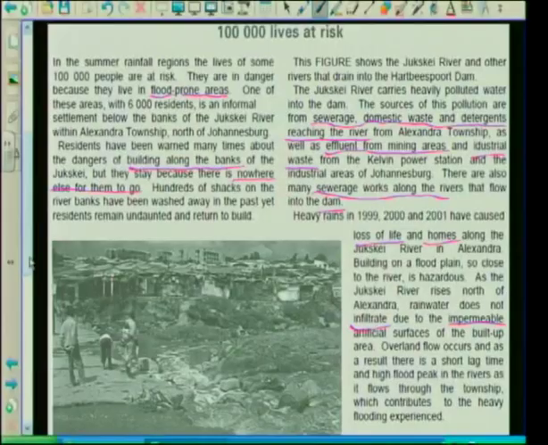Okay, if we just look here, it says heavy rains in 1999, 2000, 2001 have caused, number 1, a loss of life, and secondly, a loss of homes. Those are really 2 answers that you could put down for 2 consequences of flooding: loss of life and loss of infrastructure in terms of properties being destroyed.